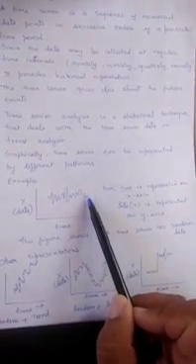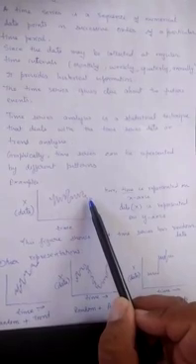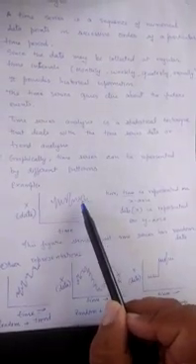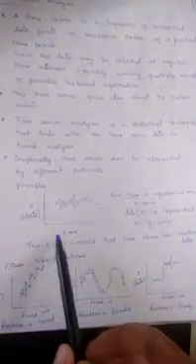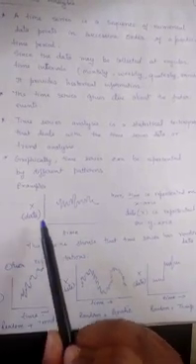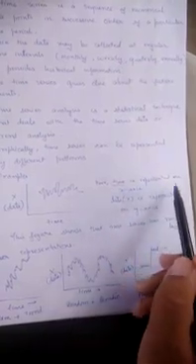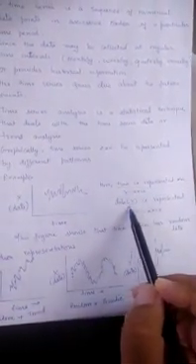It depends on case to case, what case is in front of you and you are analyzing, representing that case in terms of x and y axis, where the x-axis is time and the y-axis is the data. Okay, so time is represented on the x-axis, and the data is represented on the y-axis.